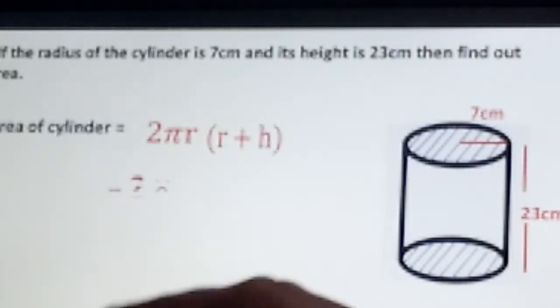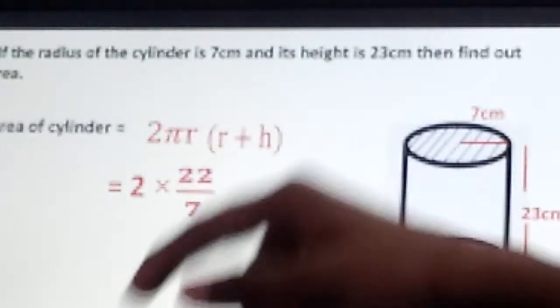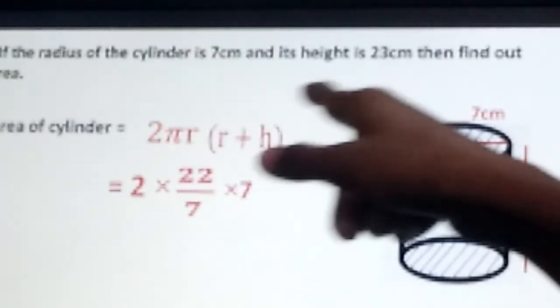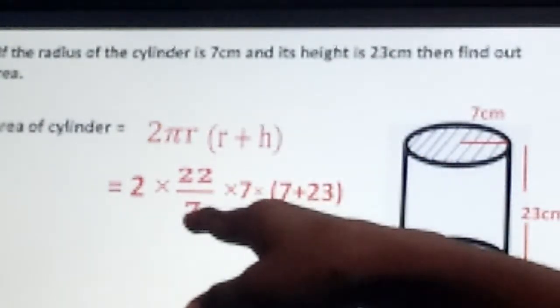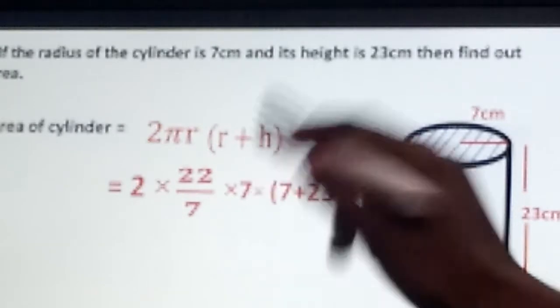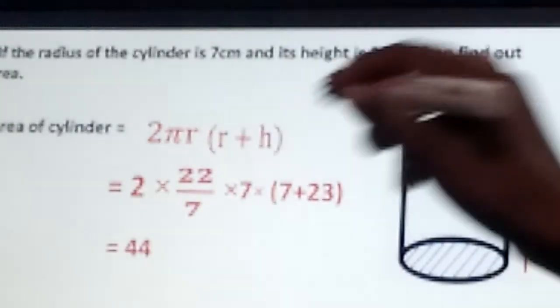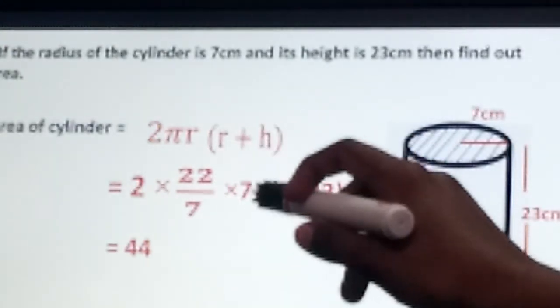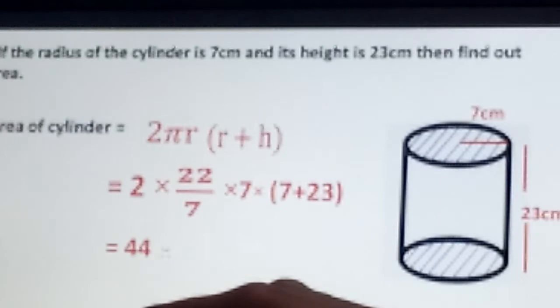So 2 pi, value 22 upon 7, r value 7, and r plus h, that is 7 plus 23. Now 7 cancels out the 7. Now 2 into 22 becomes 44, and 7 cancelled out. So 7 plus 23 is 30.